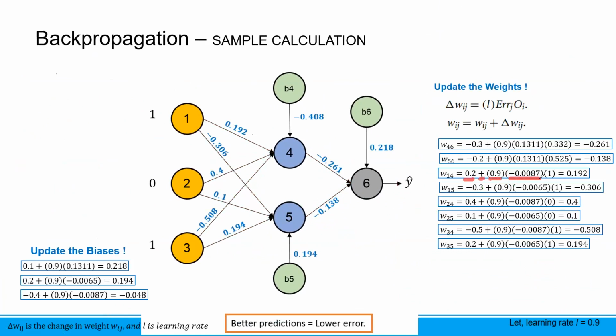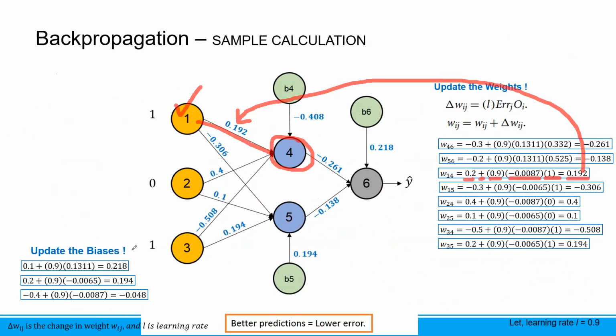This is the error in this unit multiplied by 1. What is 1? 1 is the input value. Then we can get the result 0.192. So this value will be the updated weight from weight 1, 2, 4.